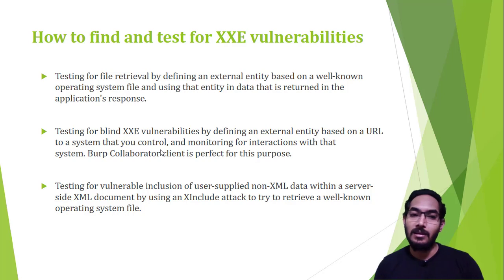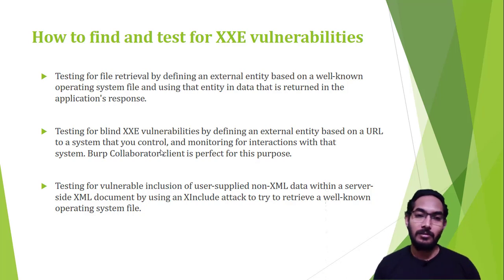When we clicked on poll now, we could see some requests that came from this particular lab. There was an IP of the lab sending requests to our Burp Collaborator, and that's how we identified that there is an XXE vulnerability. So this is how we found it.